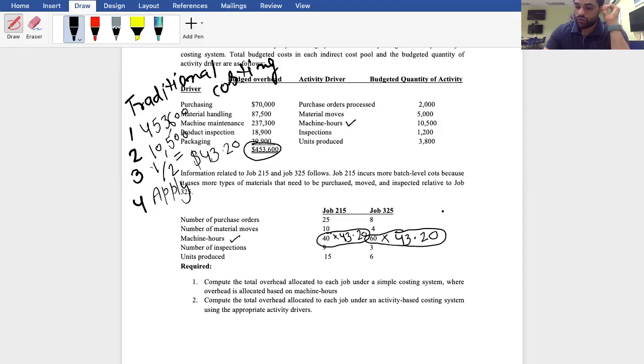So we calculate, which is 40 multiplied by 43.2, which is 1728.